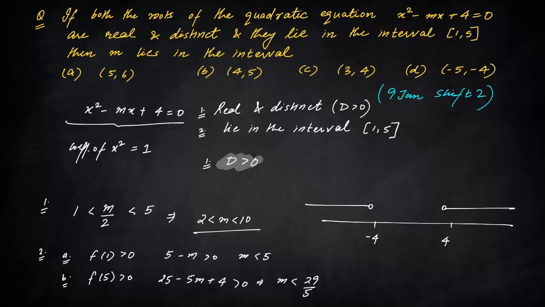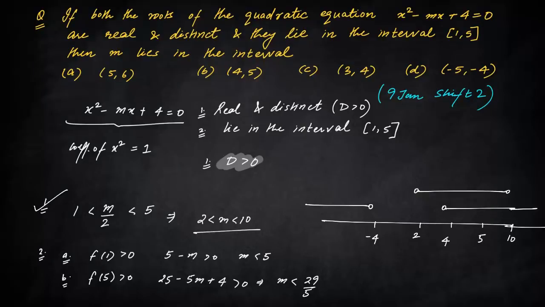Next, the answer here is less than 5. First let us make 2 to 10. Let's say 2 is here and somewhere 10 is here. So 2 to 10 is this particular region.